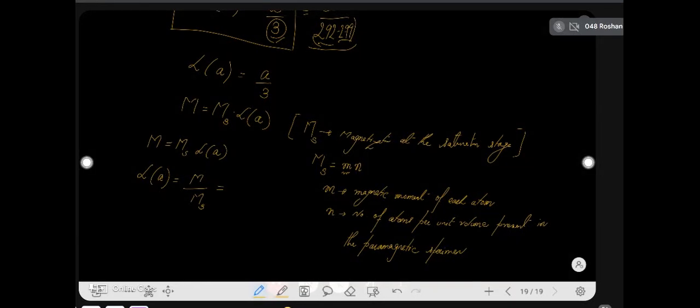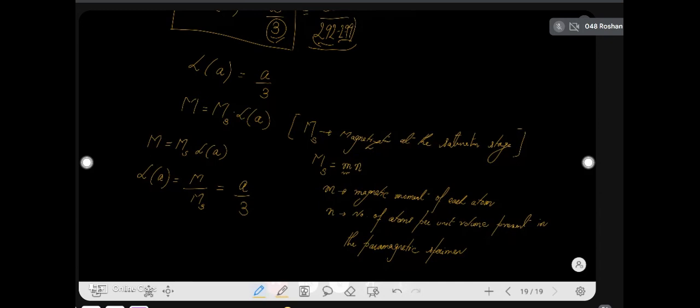What we have observed, A by B. If you remember in case 1, this LA was equal to 1. That was purely a theoretical assumption, purely on theoretical ground. There was no experimental basis.